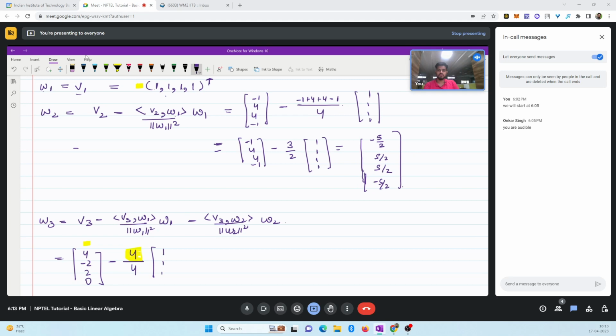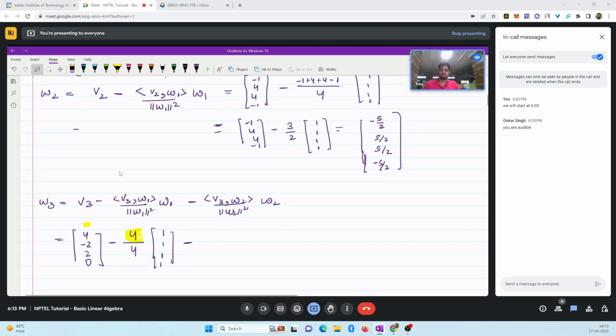This is 1, 1, 1, 1. Okay, and then you have to subtract. Now you need to take the dot product of these two things, right? So the dot product of this quantity and this vector, that you will calculate over here. And this particular vector is, so this minus 2 and minus 2 would lead to 0. The last term is already 0.